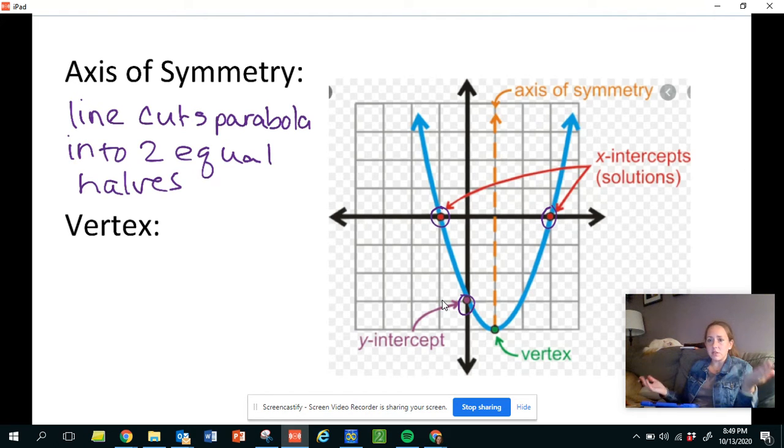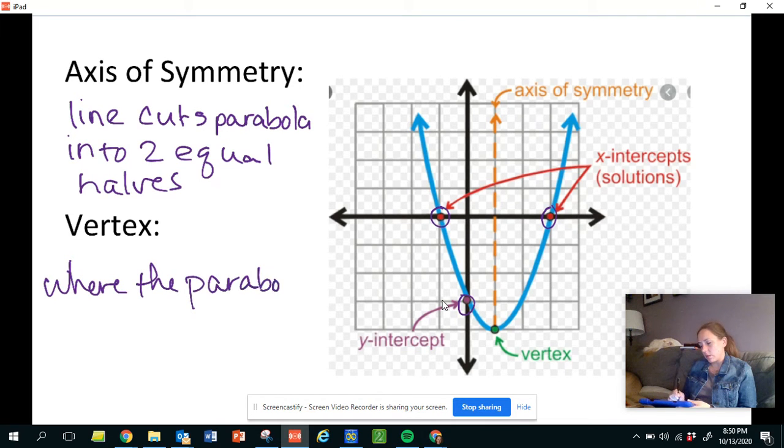That's why it's called the axis of symmetry, because if you folded the parabola on the axis of symmetry, the two sides would meet up, they would touch because they're symmetrical. The vertex is where the parabola touches the axis of symmetry.